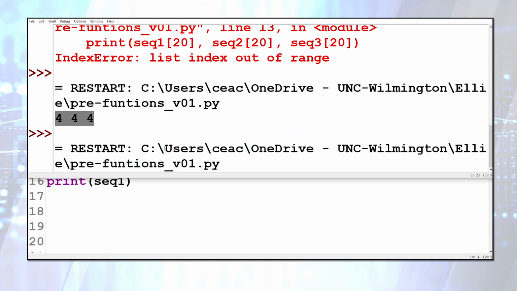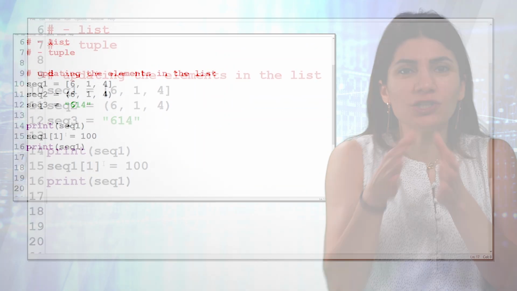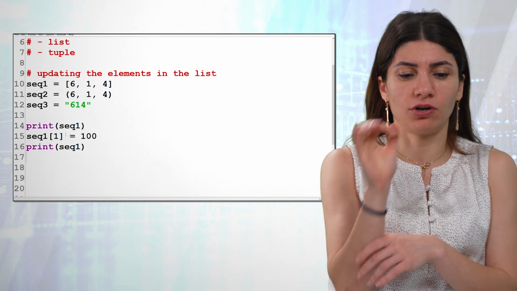If I run this, before we make any changes, it was 6, 1, and 4. As soon as we made the change, it is 6, 100, 4. So we only changed that one value inside the list.